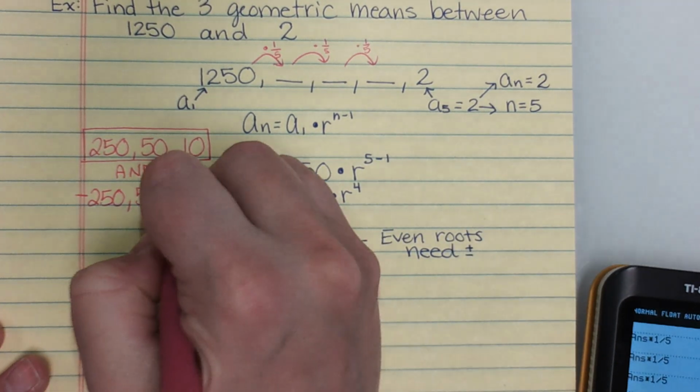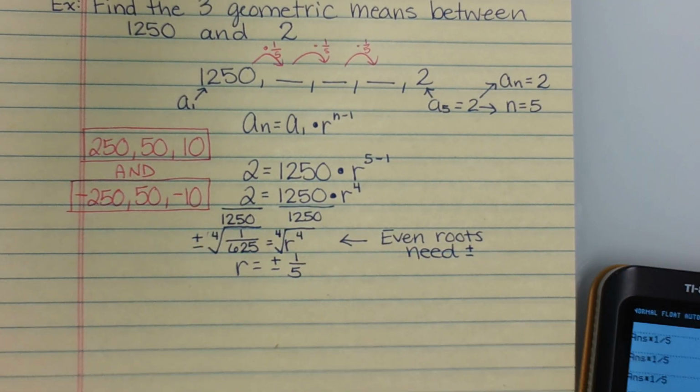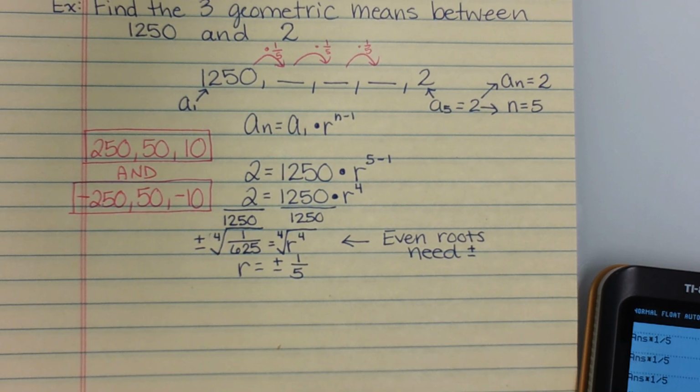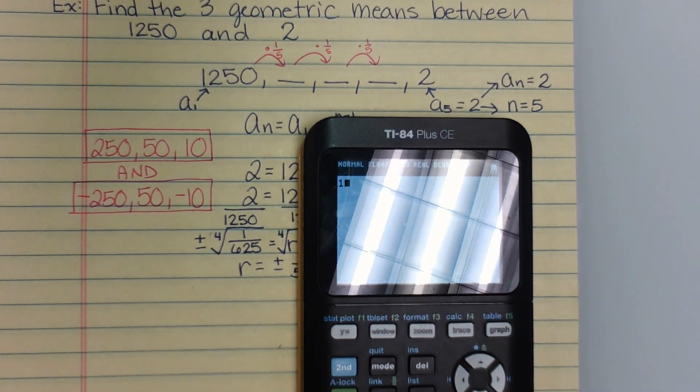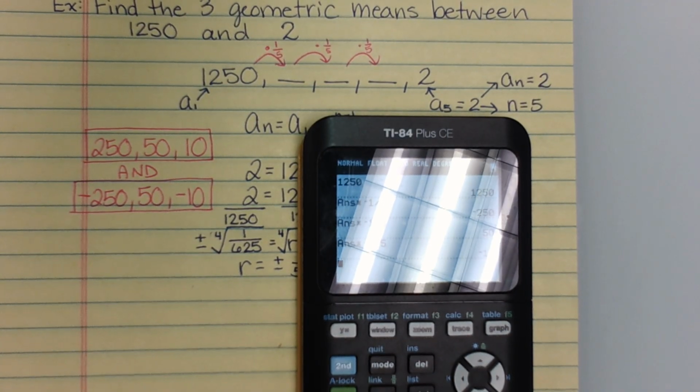Multiply that by a negative, I'm going to get negative 10. Negative times a negative is positive. And I was multiplying by negative 1/5. You can also just use the calculator and multiply by negative 1/5, and it'll tell you positives and negatives.